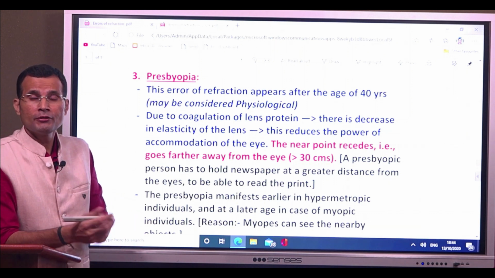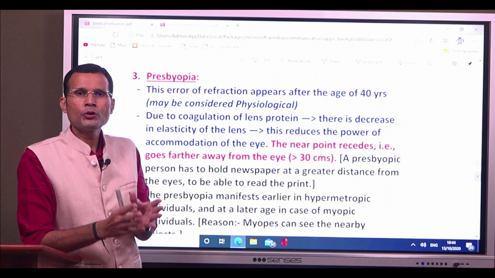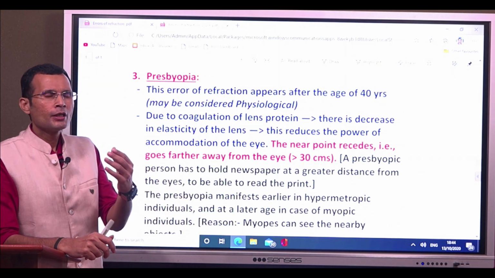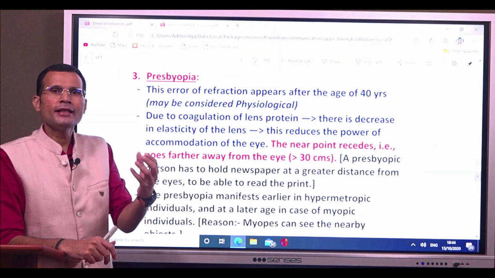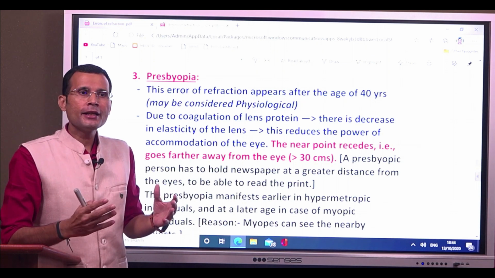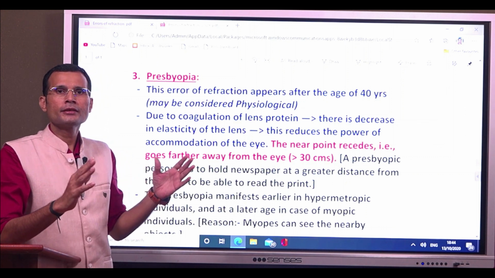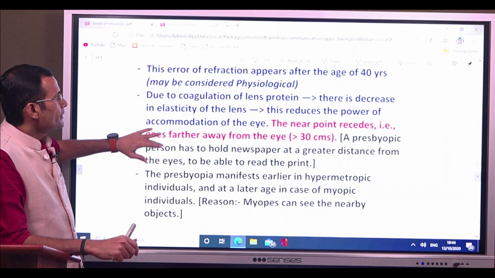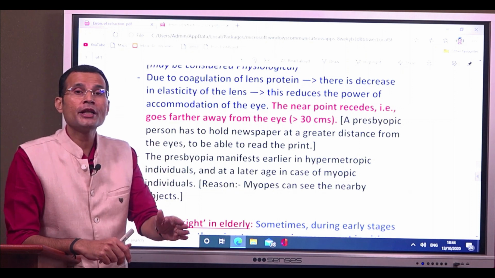So it may be considered even physiological, because generally what happens is the lens proteins coagulate, and therefore the crystalline lens inside the eye loses its flexibility. So its ability to increase its refractive power is now limited. The lens loses elasticity, and therefore this reduces the power of accommodation of the eye.